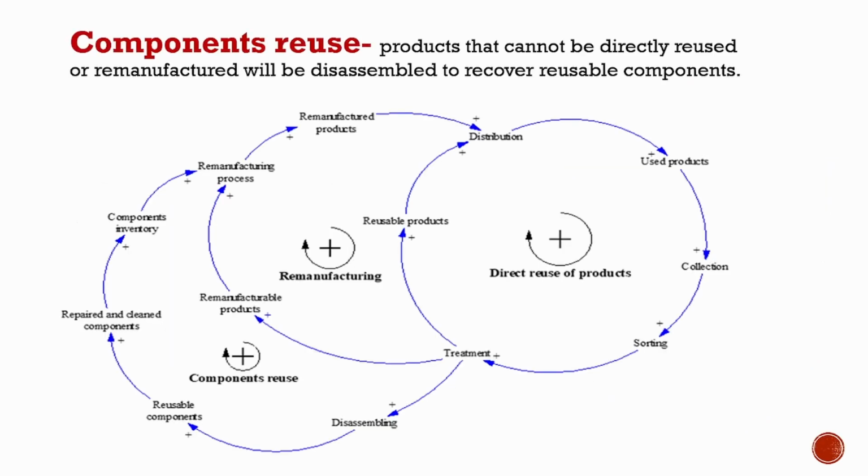The third stage focuses on recovering components or reusing components. So on the component reuse stage, this used product, after collection, sorting, and treatment, if it can't join the direct reuse route, or if it cannot be remanufactured, the next step will be disassembling the equipment or the product so that we can recover reusable components.